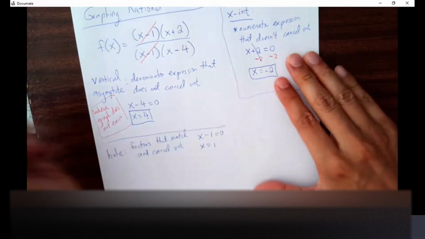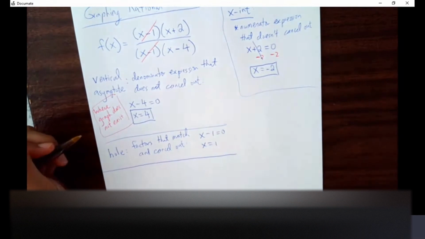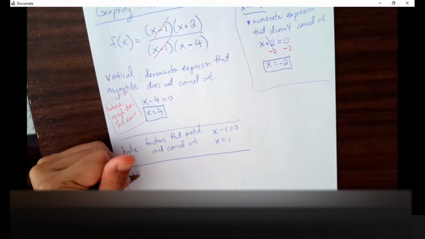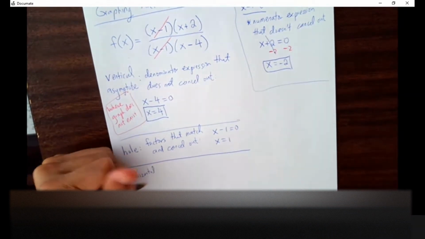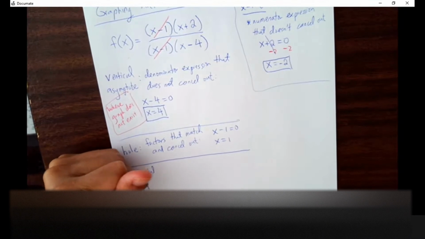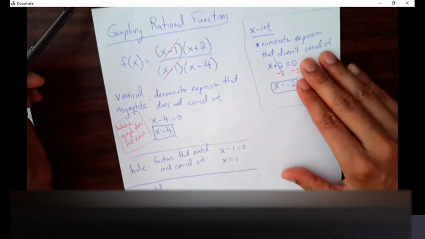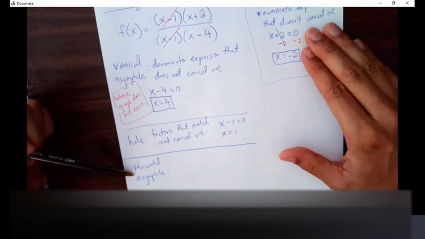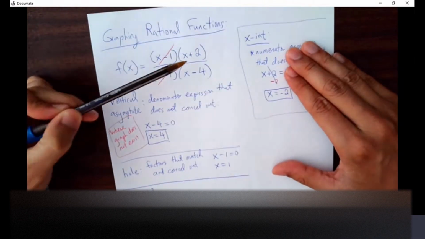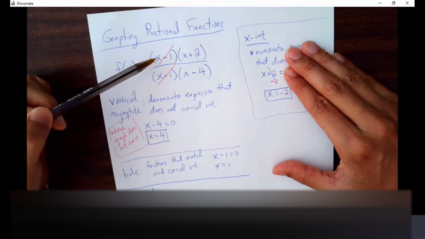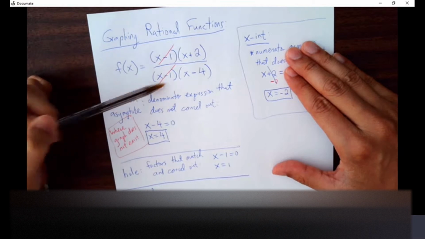Okay. And finally, we have something called the horizontal asymptote. The way we find the horizontal asymptote is we're going to count the number of x's in the numerator and count the number of x's in the denominator.